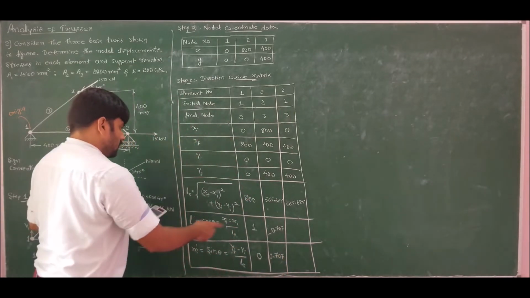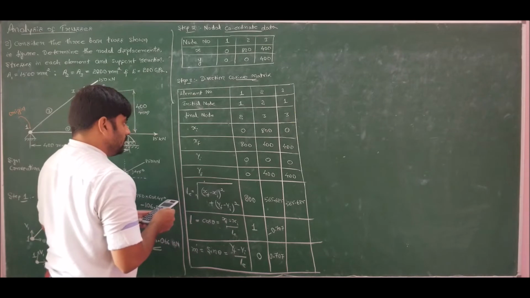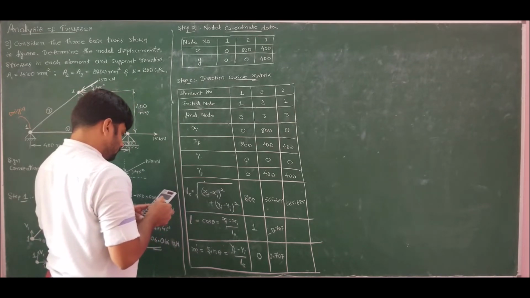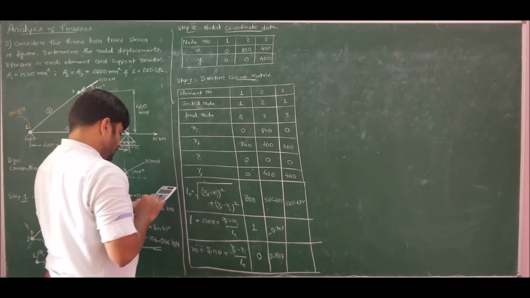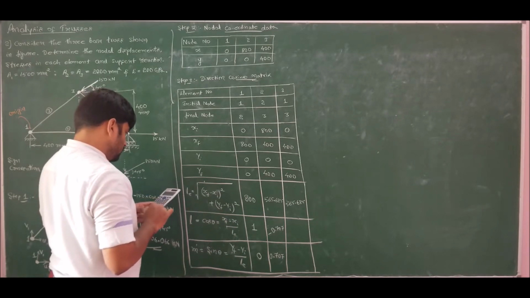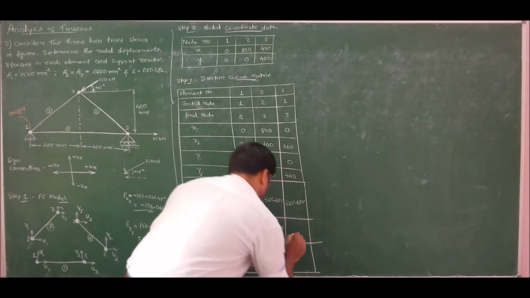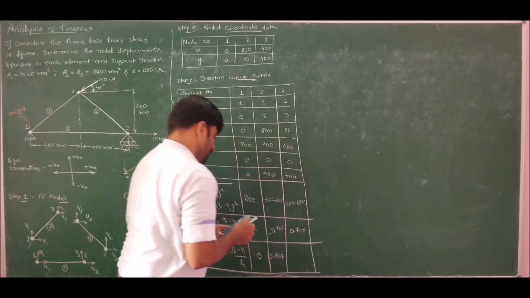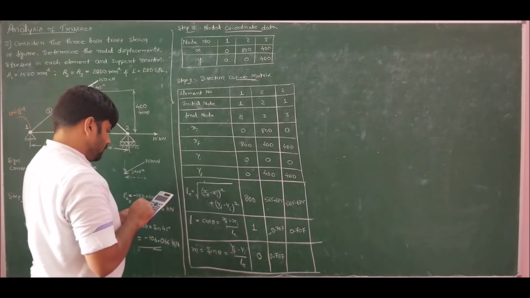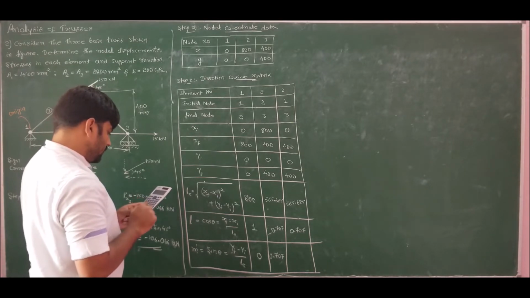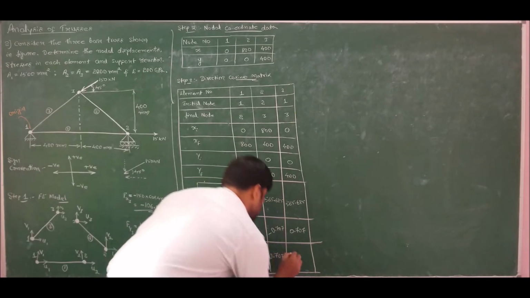Next, coming to L value of element 3, it is 400 minus 0 divided by length of the element 565.685, which is plus 0.707. Coming to M value, it remains same, 400 minus 0 divided by 565.685, which is plus 0.707.